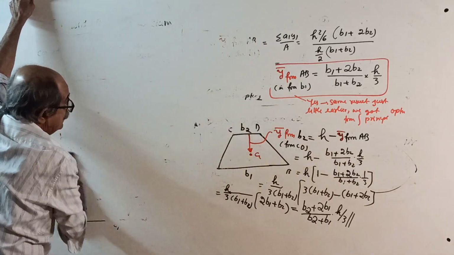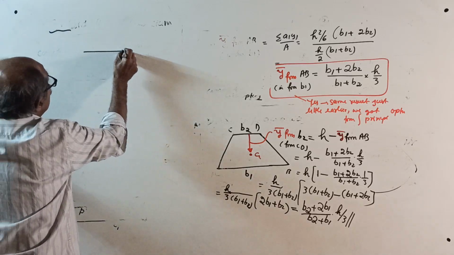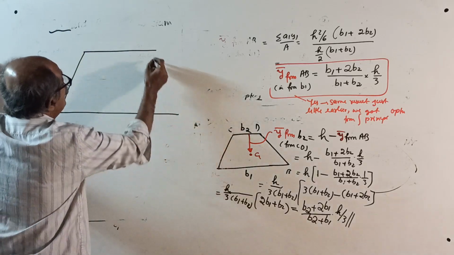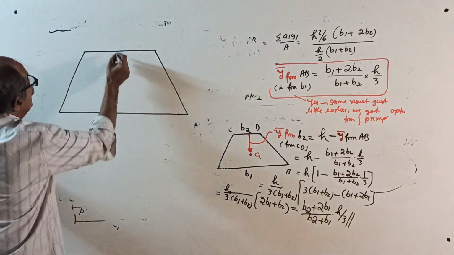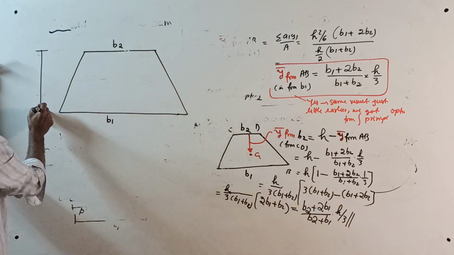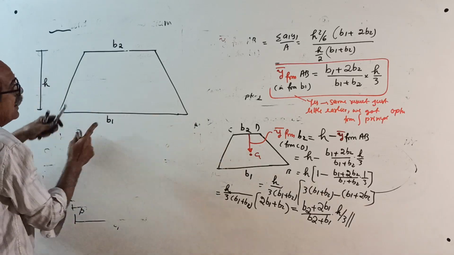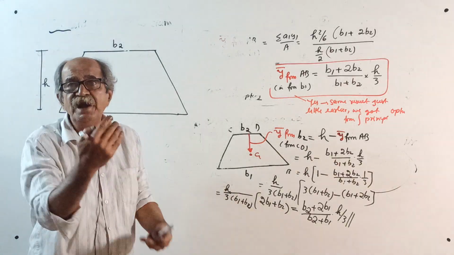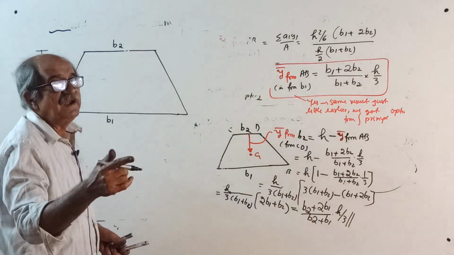Therefore, if there is a trapezium where B1 and B2 are the two parallel sides, this is your B1, this is your B2, and H is the distance between the parallel sides. We are locating the centroid along the H, from B1 or B2. That is a separate principle.